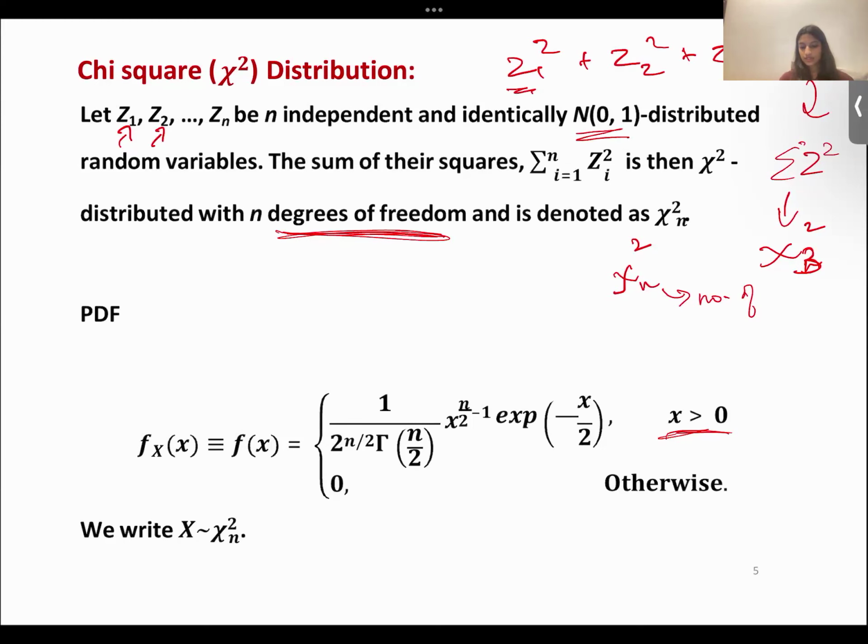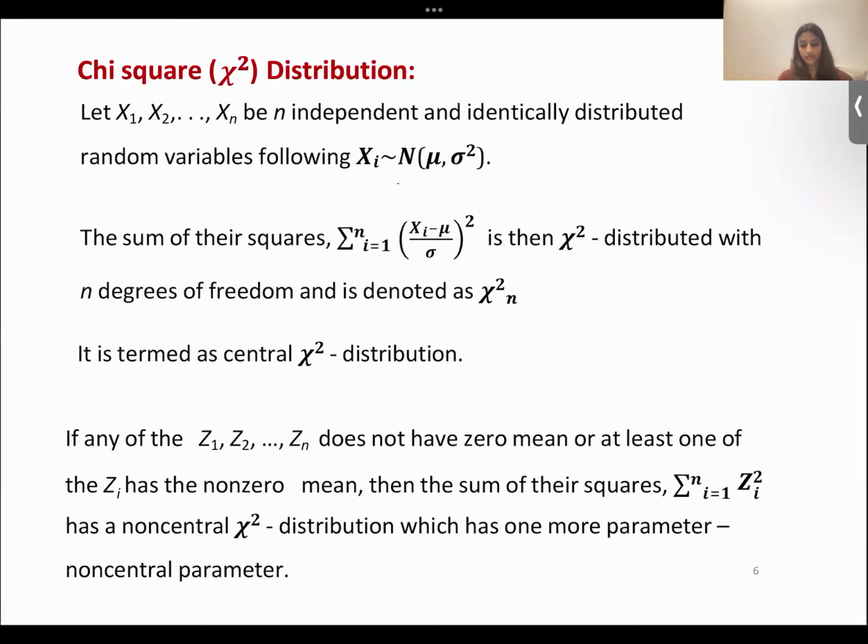Also, these Z random variables followed a standard normal distribution. But let's say the random variables x, y, z do not follow a standard normal distribution, and just follow a normal distribution with a mean mu and a variance. If you remember, in a univariate normal distribution we derived z by computing a given value of x minus its mean, divided by its standard deviation. Sorry, not squared, it's just x minus mu by sigma.